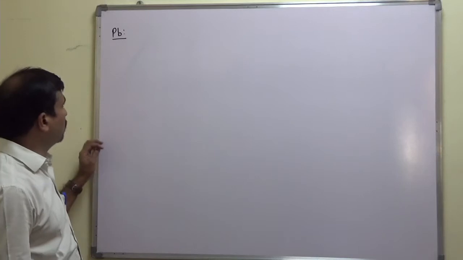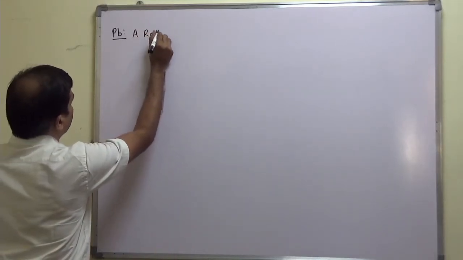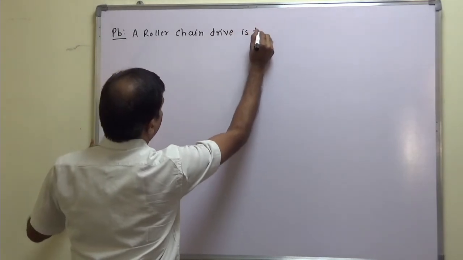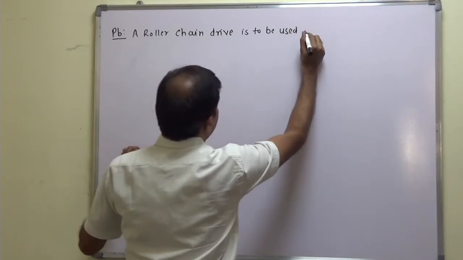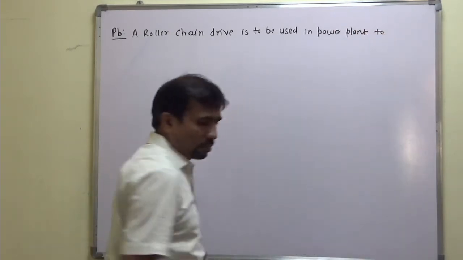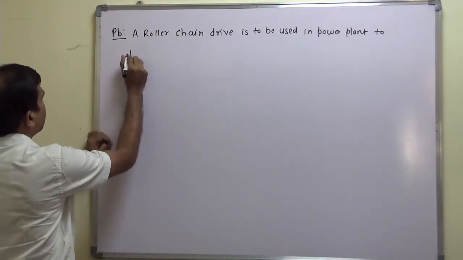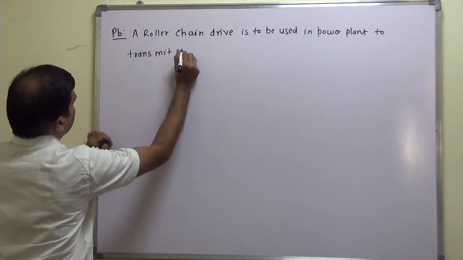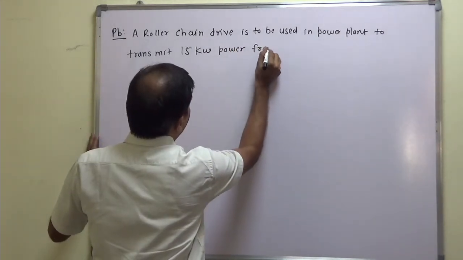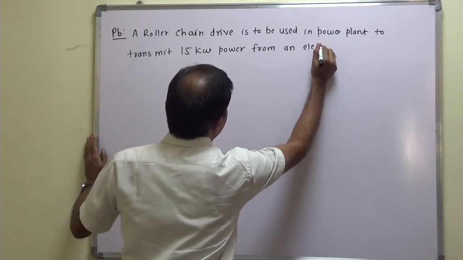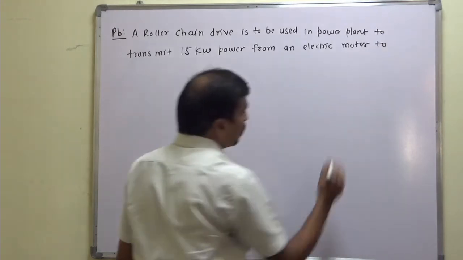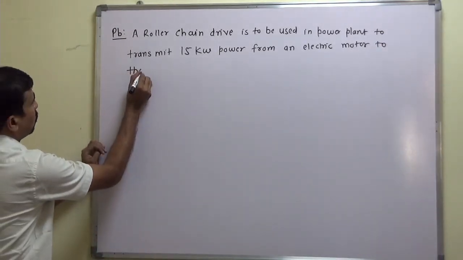A roller chain drive is to be used in power plant to transmit 15 kilowatt power from an electric motor to the reciprocating pump.